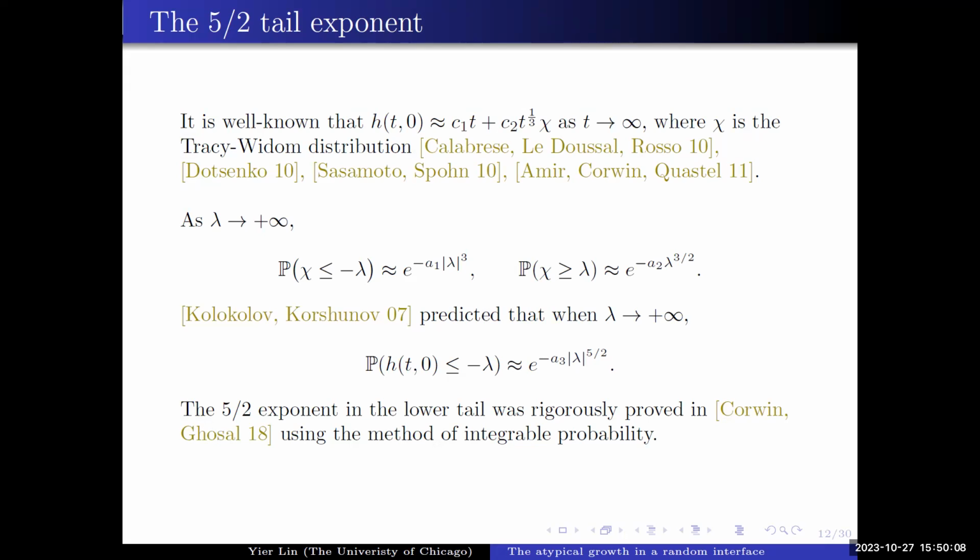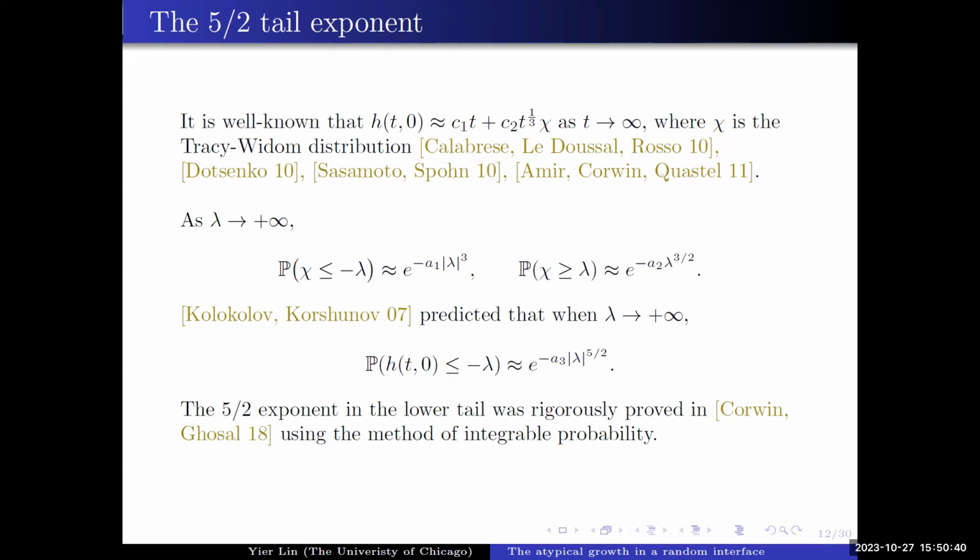When you look at the fluctuation, you will have order t to the power 1/3, and the fluctuation is given by the Tracy-Widom distribution that first appeared in random matrix theory, which characterizes the fluctuation of the largest eigenvalue of some random matrix. This was first proved by Amir, Corwin and Quastel, with important contributions from these three works on the physics side.